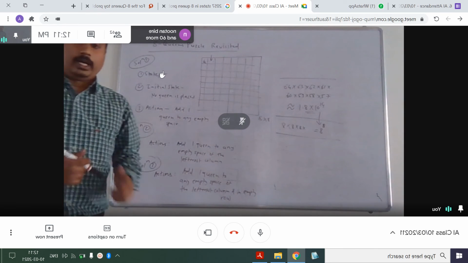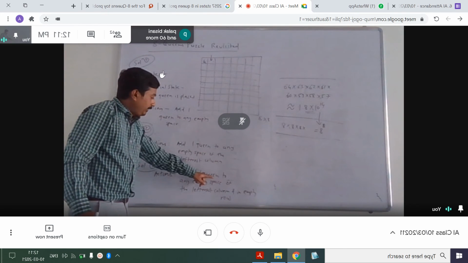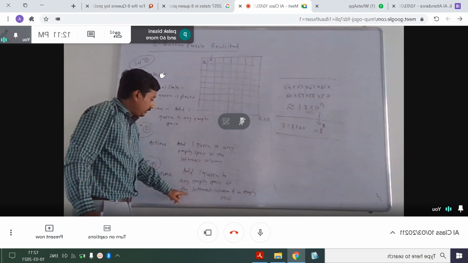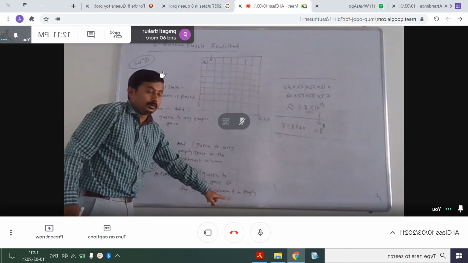Okay, now I have modified my action. So my action is add one queen to any empty space of the leftmost column and in an empty row.